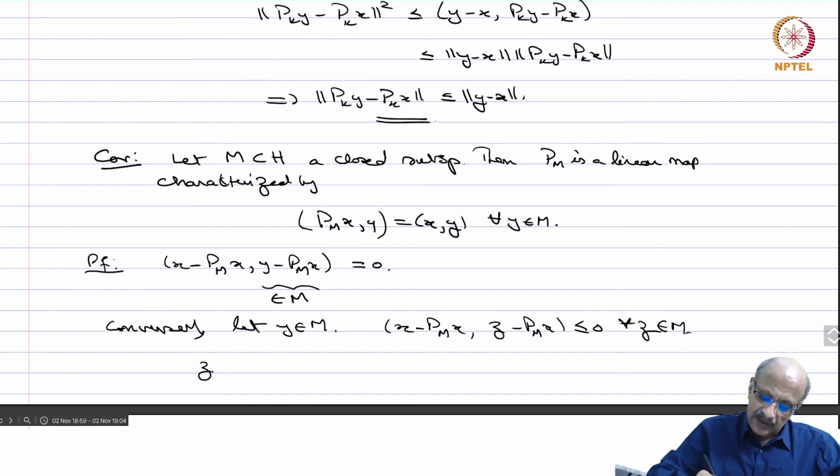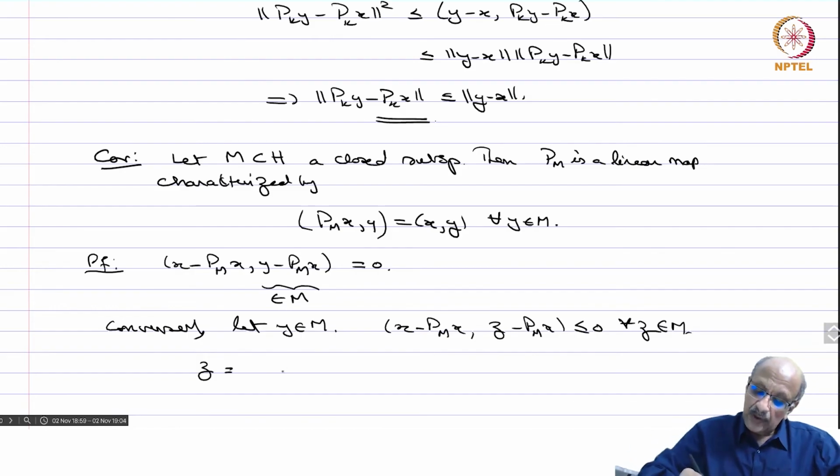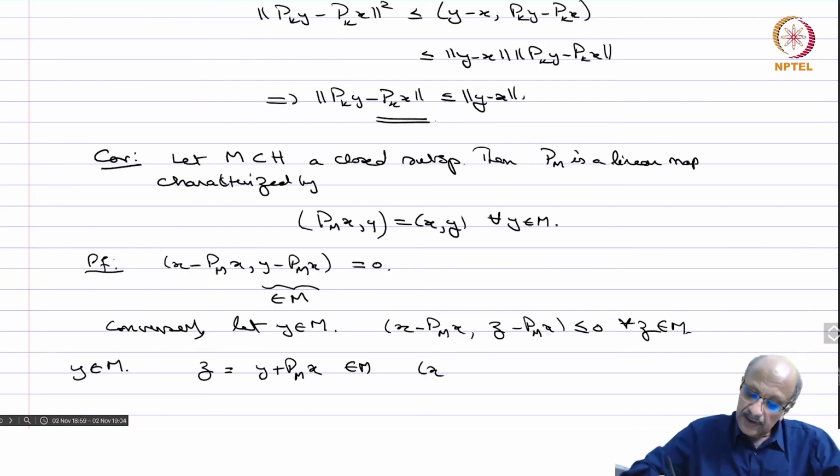So let me take z, it's now a subspace, so I can take it as, if you take any y in M, you take z equals y plus P_M x, and this still belongs to M. So I can substitute here, so I get ⟨x − P_M x, y⟩ is less than or equal to 0.